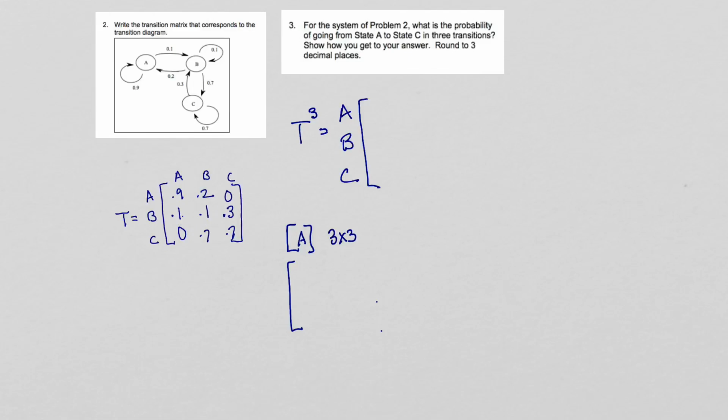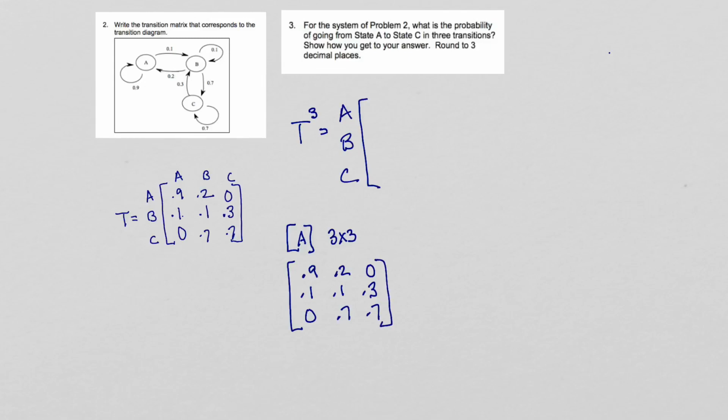Let's just put these numbers in. So it goes across the rows when we put these in. It's going to go 0.9, enter, 0.2, enter, 0, enter. That drops us down here. 0.1, enter, 0.1, enter, 0.3, enter, drops us down to 3rd column, 1st row. So 0, enter, 0.7, enter, 0.7, enter.